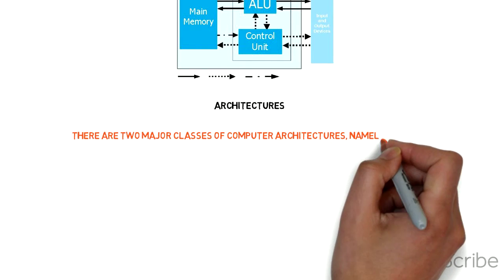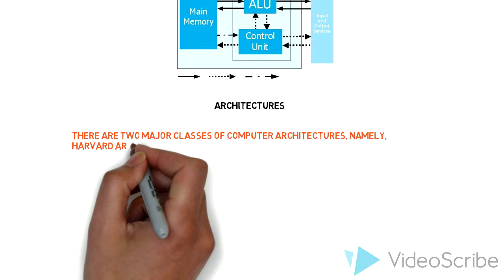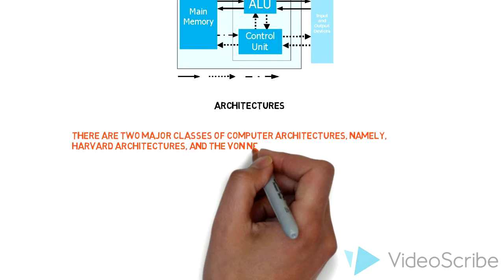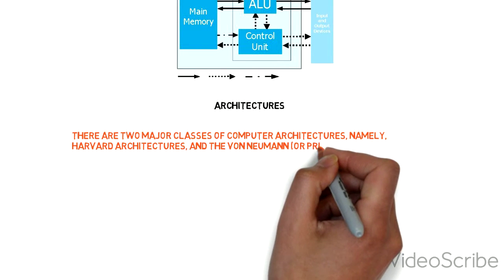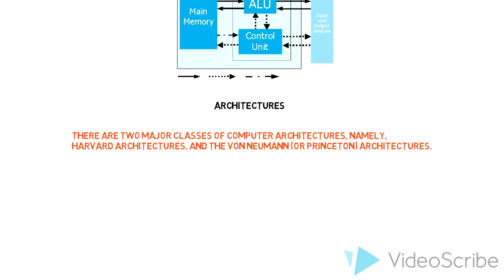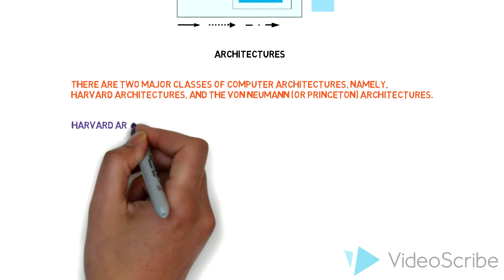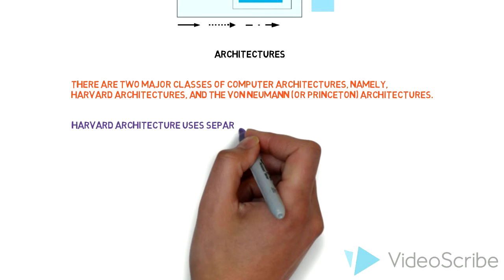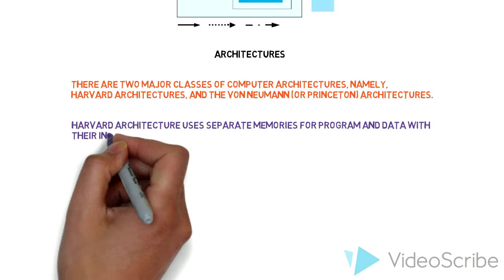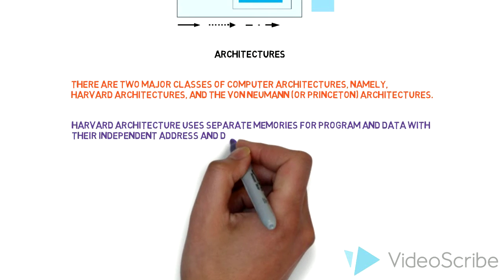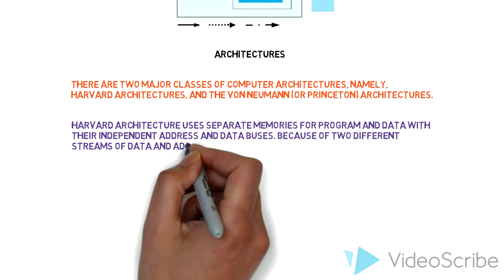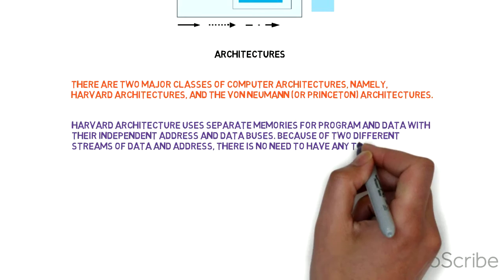Many special designs of microcontrollers or DSP (digital signal processor) use Harvard architectures. Harvard architecture uses separate memories for program and data with their independent address and data buses. Because of two different streams of data and address, there is no need to have any time division multiplexing of address and data buses.